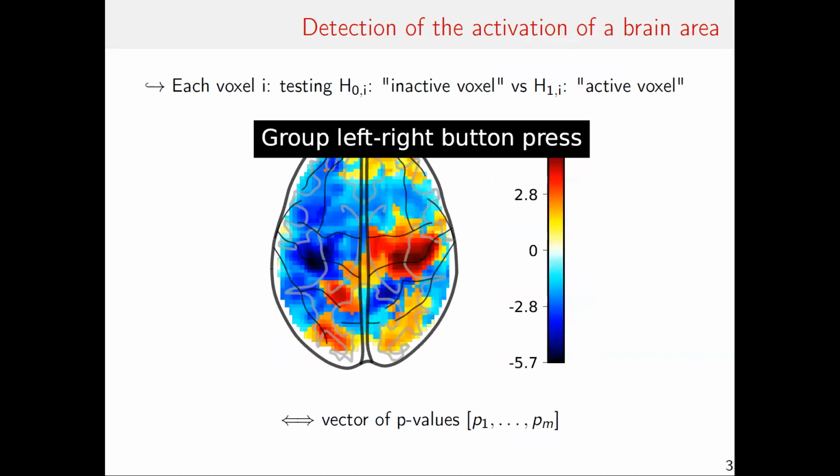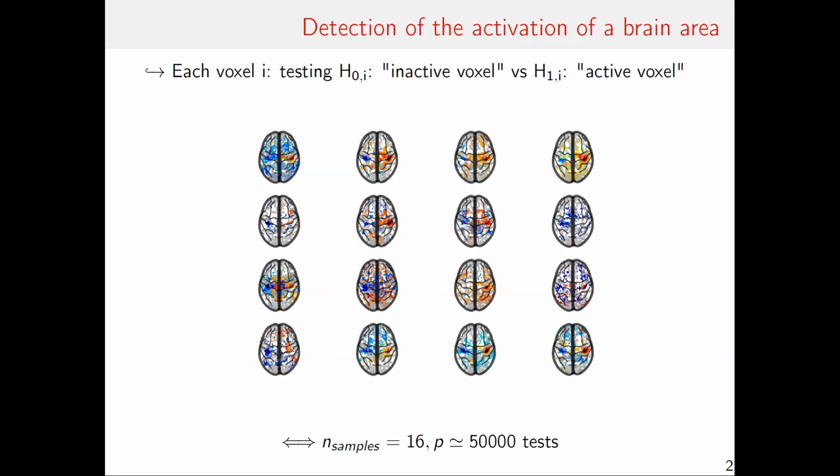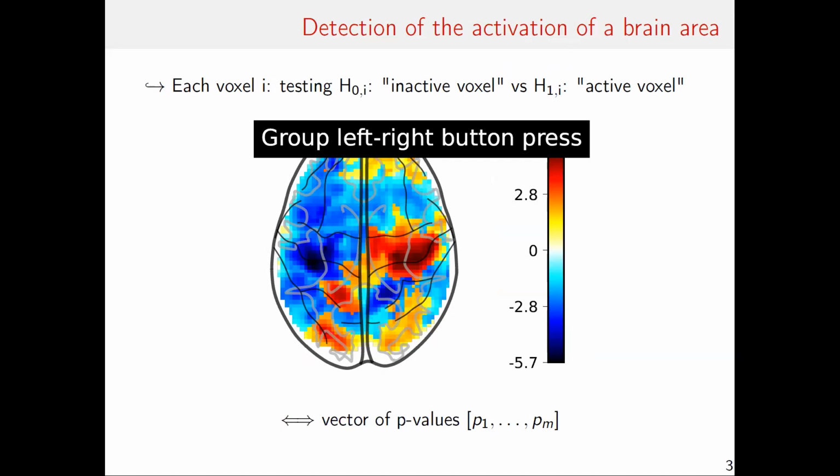Okay. And so this is the first step that we perform when we are trying to tackle this problem, which is to perform, let's say, a one sample t-test across all 16 subjects. And so from these 16 subjects, you obtain a single statistical map, which is equivalent to a vector of p-values.